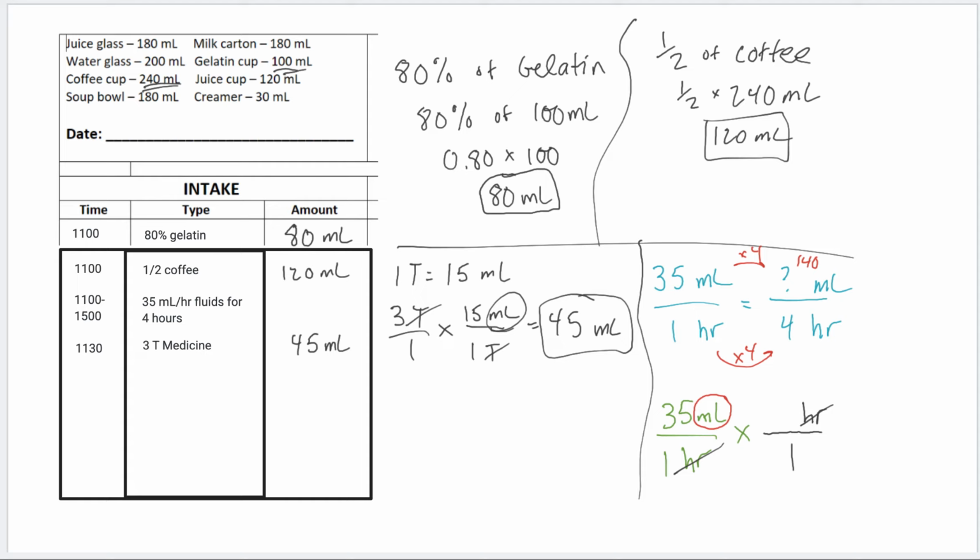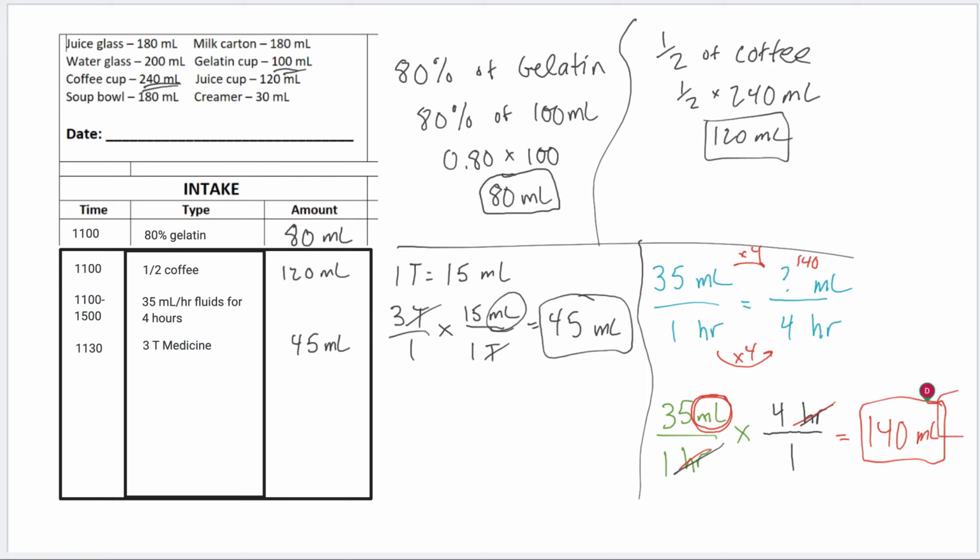So if I take 35 milliliters per hour, multiply by the number of hours, then hour cancels in the denominator, and I'm left with just milliliters. 35 times 4 is 140. We get exactly what we got up above.